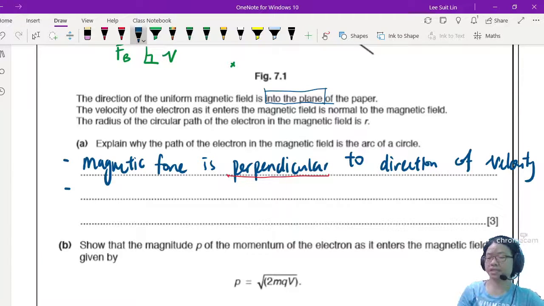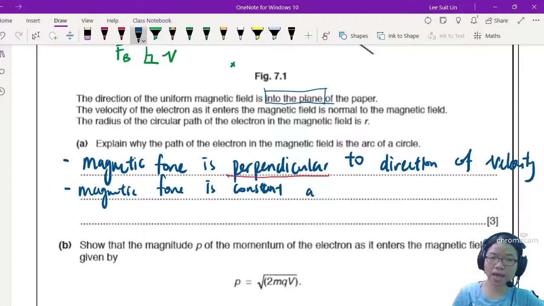For you to maintain circular motion, this magnetic force has to be constant. The magnetic force is constant, and the speed, or the magnitude of velocity, speed of electron, is constant.